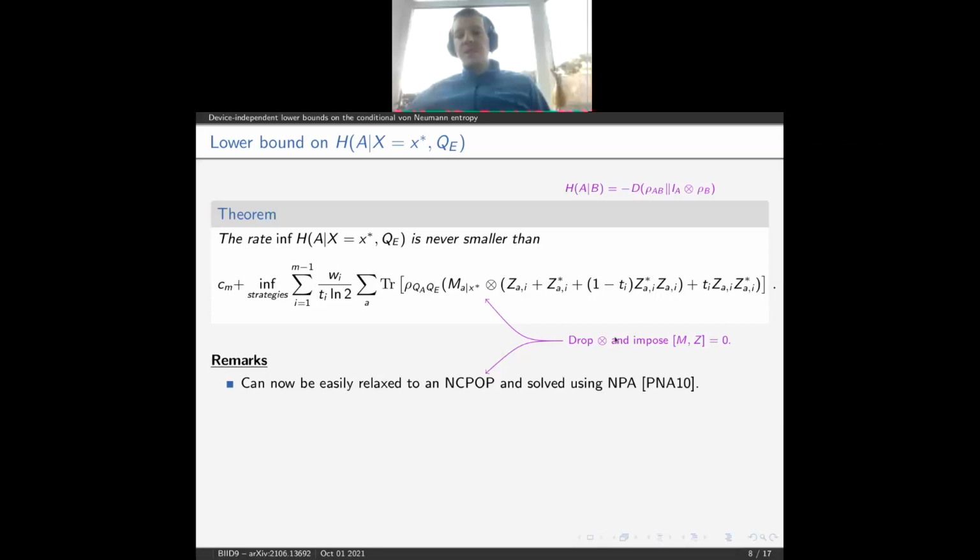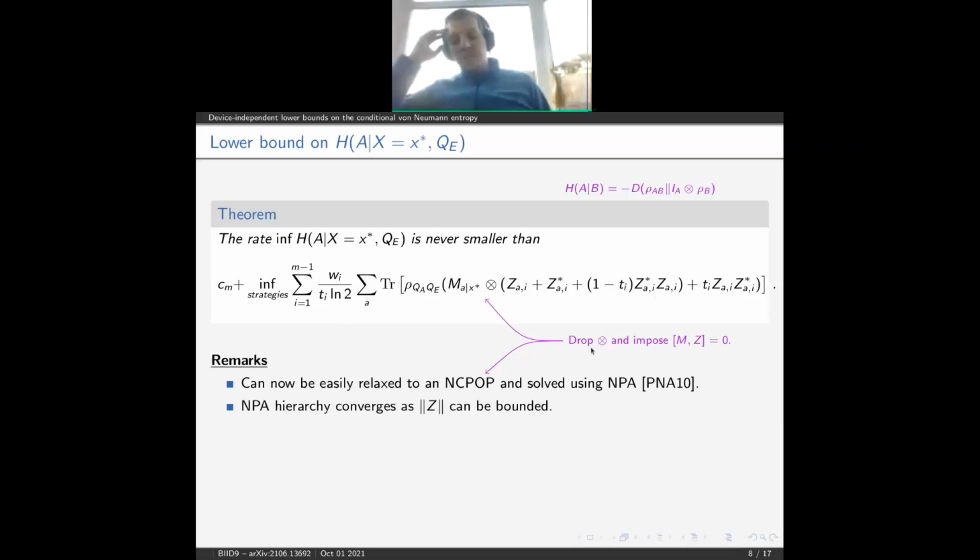And this gives us a slightly weaker problem, so we'll get a lower bound on this infimum. And the important thing is that this will now be a non-commutative polynomial optimization problem. And we know as before, we can relax that problem further and get a further lower bound by using this NPA hierarchy. And this just gives us a sequence of SDPs to solve, each of which should be a lower bound on the rates of our protocols.